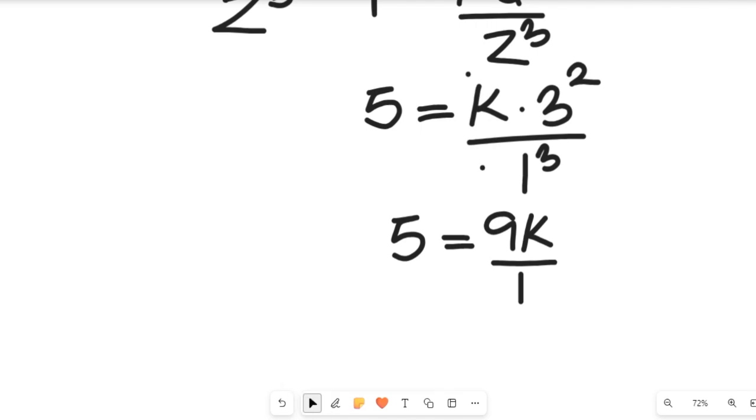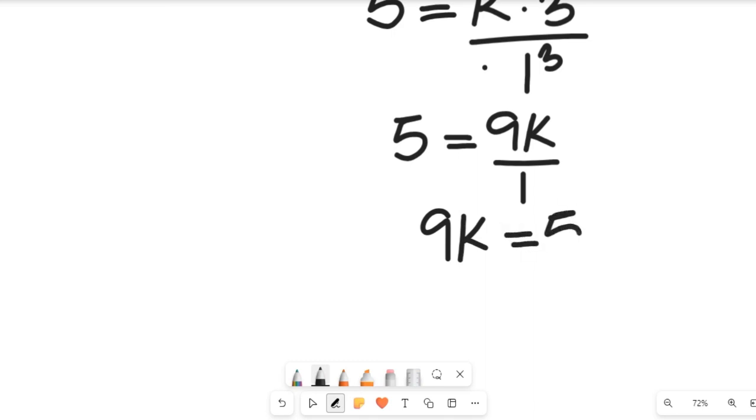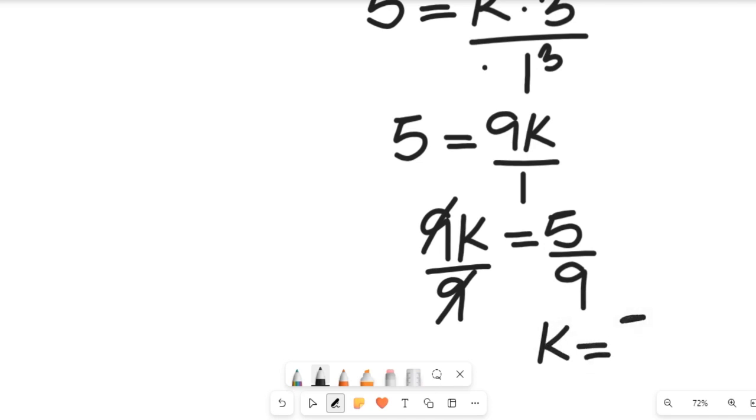So since the equality sign is holding the left and the right hand side, we are going to cross multiply. So 5 is going to multiply 1, and so we'll have 9K to be equal to 5. To get the value of K, we'll divide both sides by 9. 9 will clear 9, and then the value of K will be equal to 5 divided by 9.